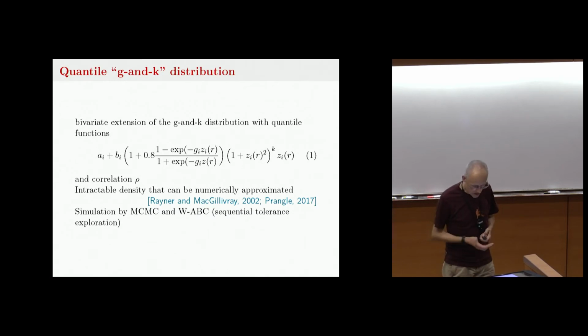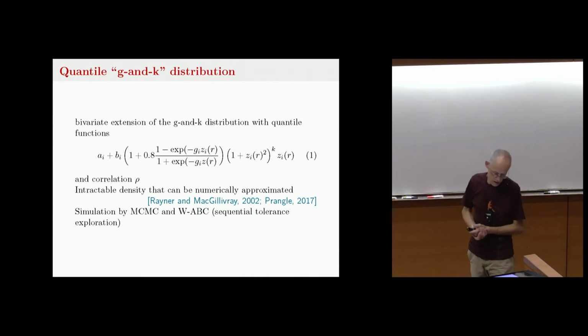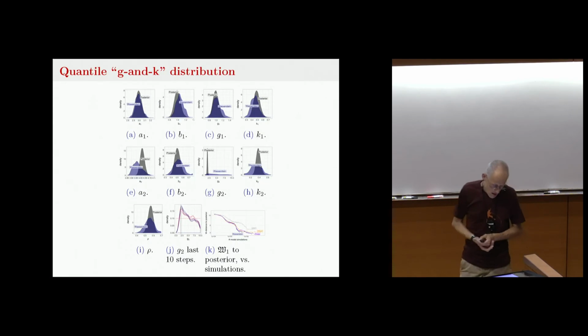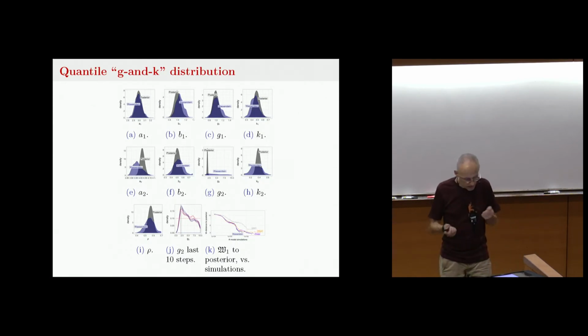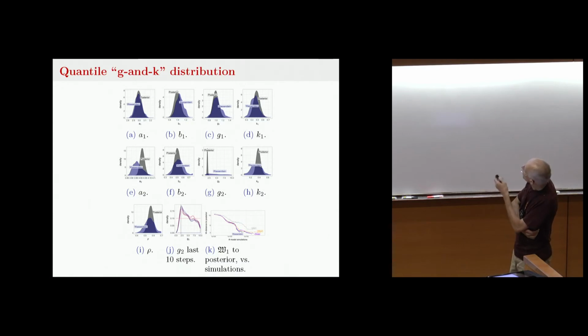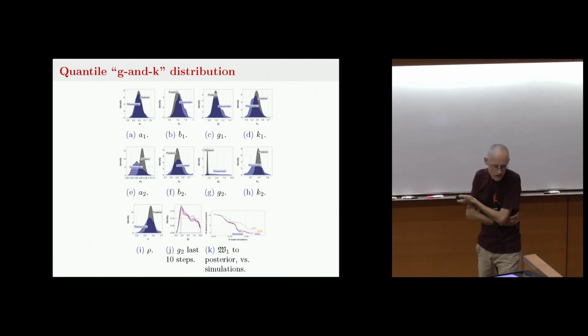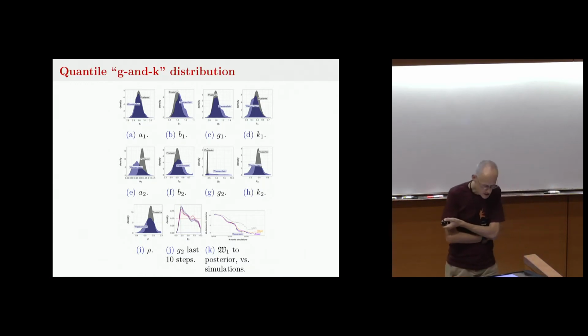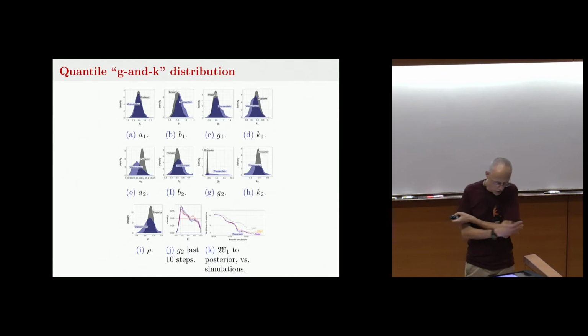So there are 5 parameters in the model: A, B, G, Z, and K. And again, I won't go through all the pictures, but for most of the parameters, there is a strong similarity between the posterior and the Wasserstein approximation for a given simulation time.